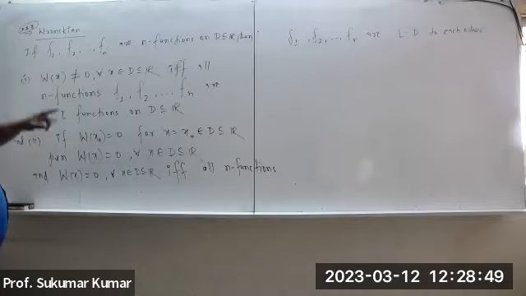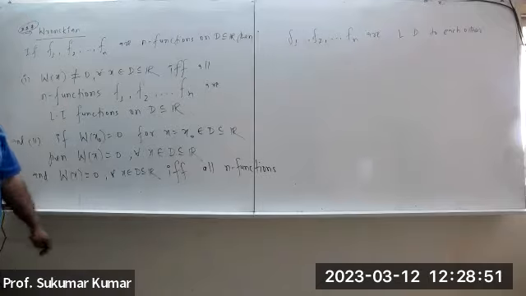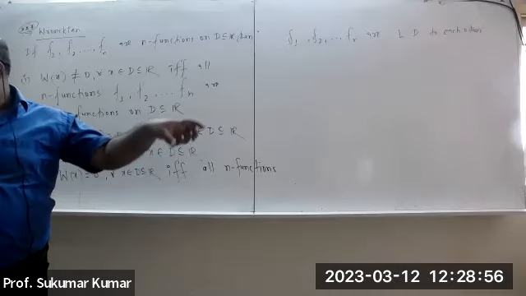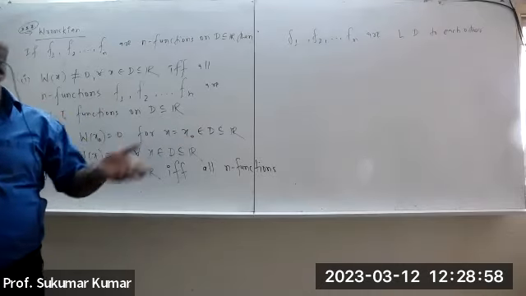I'm writing some questions. You verify. You can choose the domain yourself, at which the determinant is 0 at least at 1 point or more than 1 point.